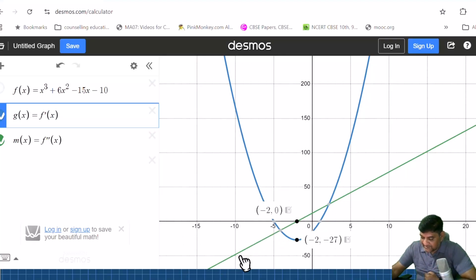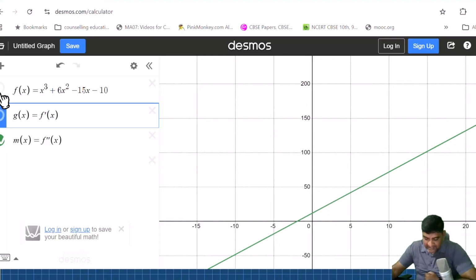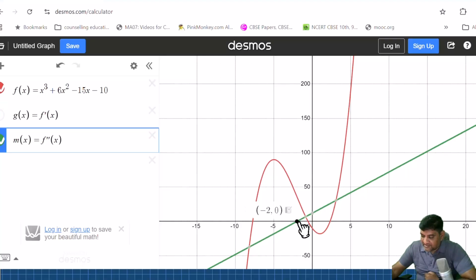D square y by dx square until this point is negative, and therefore you can see that this function is decreasing, and after this point it is positive, and therefore this function is increasing. Now when I compare this to the actual function, double differentiation at this point gives me a point of inflection, and this is a non-stationary point of inflection.